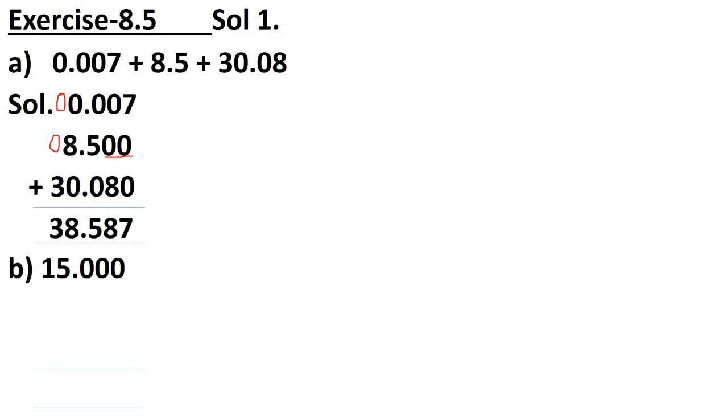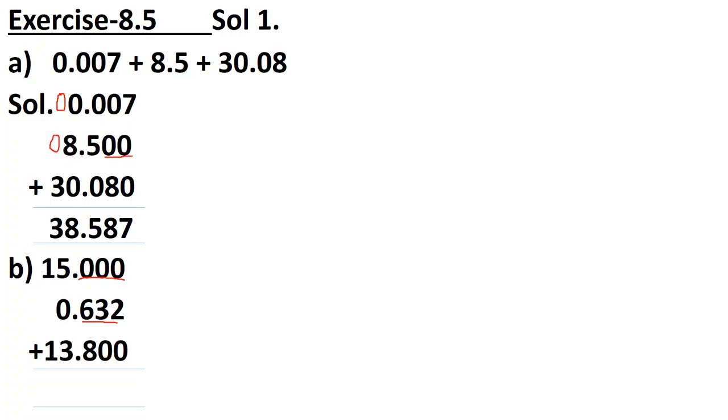It's B part. 15 plus 0.632 plus 13.8. Now how we will write down 15? We can write down 15.000 because its value remain unchanged. 0.632. Okay, that's why we have written here 3 zeros now, because in second number 3 decimal places are given.